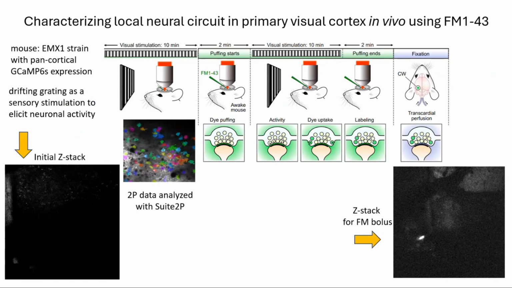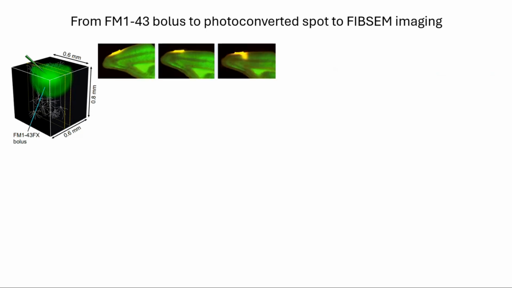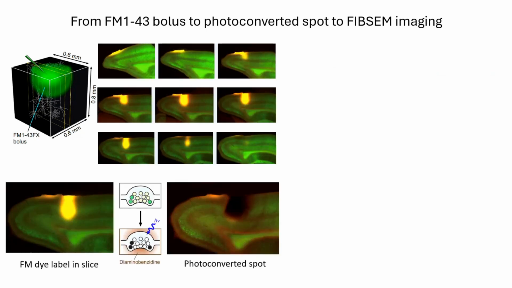At the end of the experiment, the animal is immediately perfused with fixative. The next day, the animal's brain with the bolus is sliced up to 100 micron sections, and each section that has the bolus on it is photoconverted with a specific wavelength of light in the presence of oxygenated diaminobenzidine.